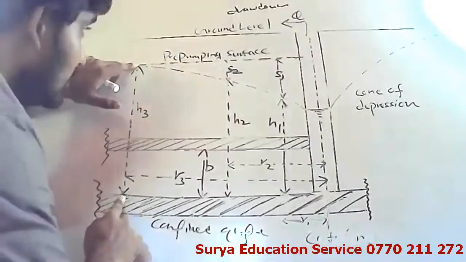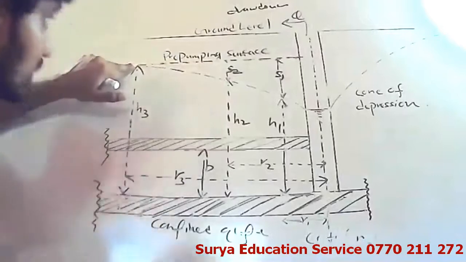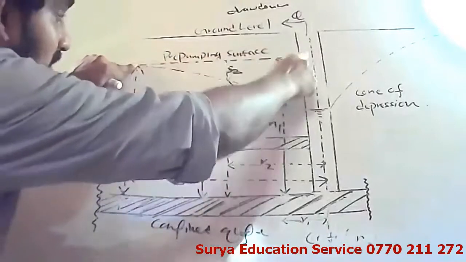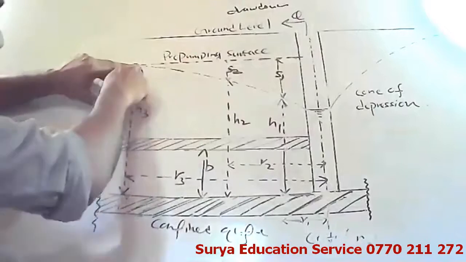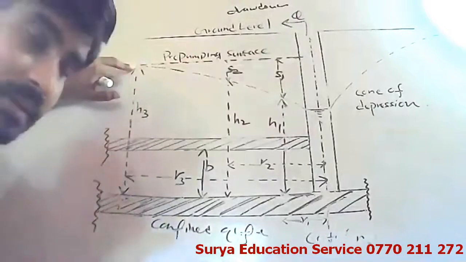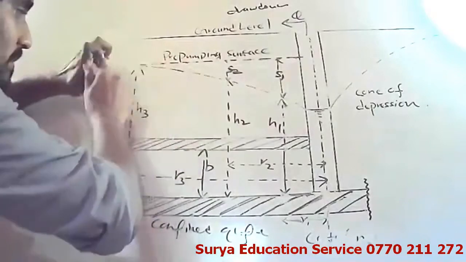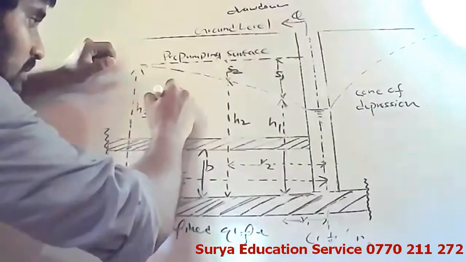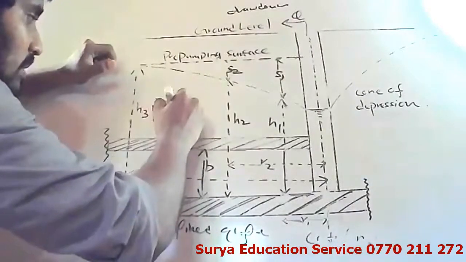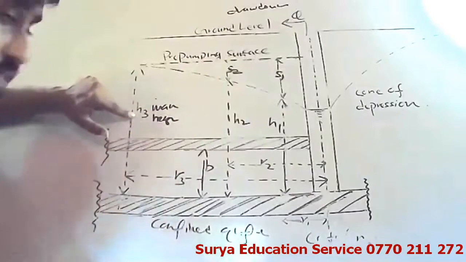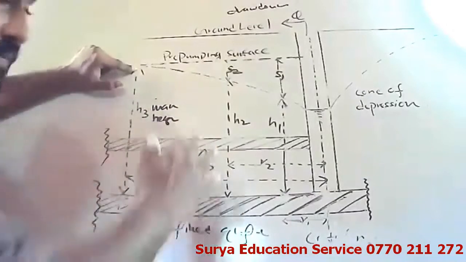Actually, it will meet by coinciding with the pre-pumping surface, that means the surface before pumping. So this is the maximum height. This is H3.